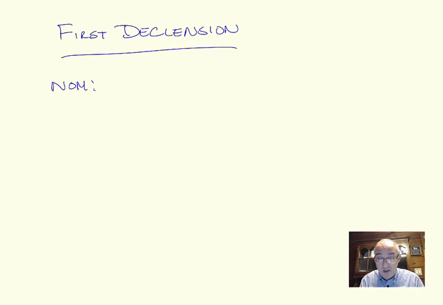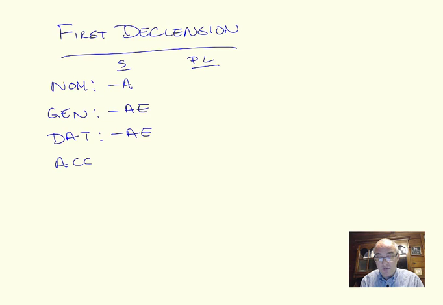The nominative singular ending is a. Genitive, ae. Dative, ae. Accusative, am. And the ablative, a long a. This is the second spot, and the only other spot where I will insist that you memorize the use of the macron.